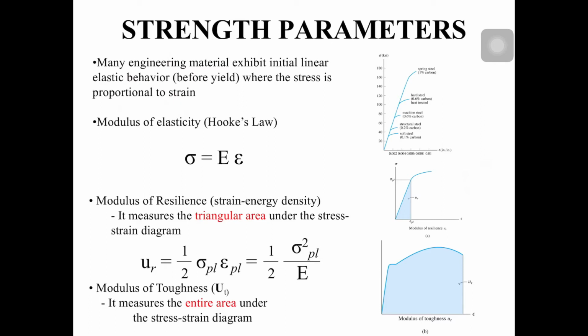Alright, so strength parameters. Many engineering materials exhibit initial linear elastic behavior where the stress is proportional to strain. Okay, like I said before. So you have a stress and you have a strain, right?